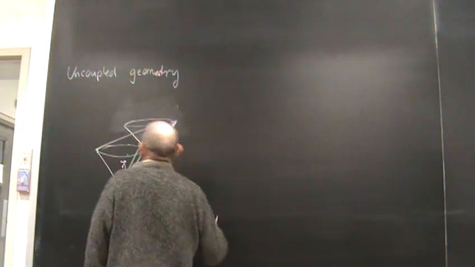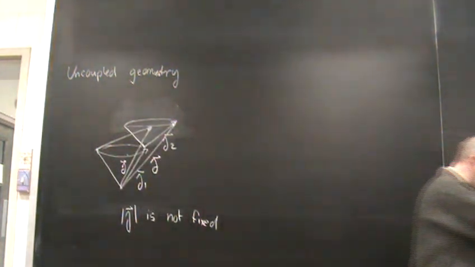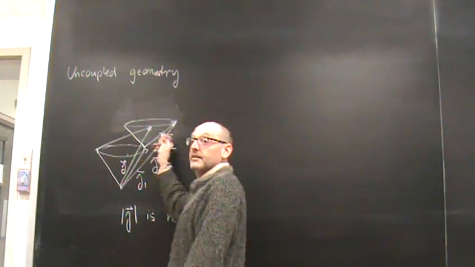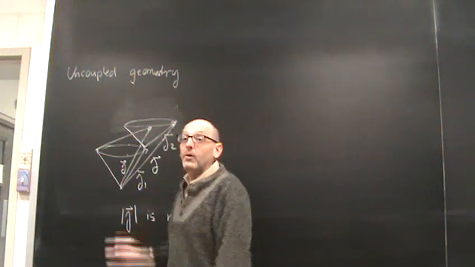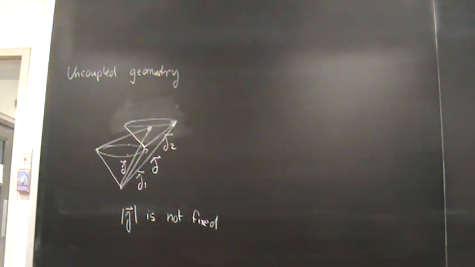What is fixed is its projection on the z-axis, and the individual magnitudes are fixed, and the individual projections on the z-axis are fixed, but the total magnitude is not fixed. Okay?